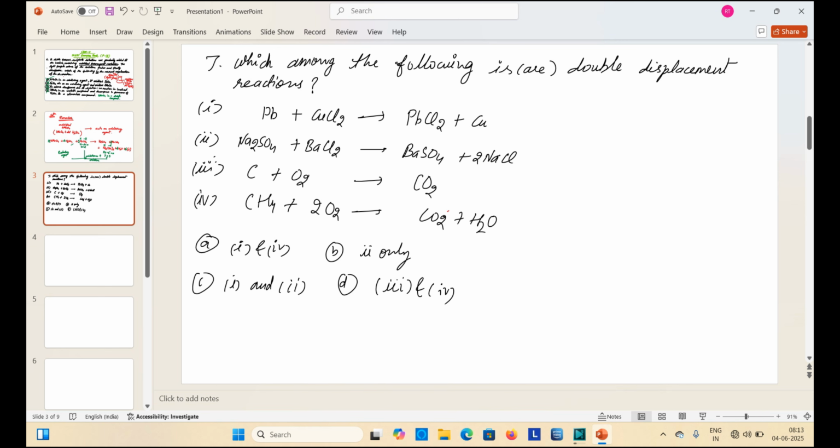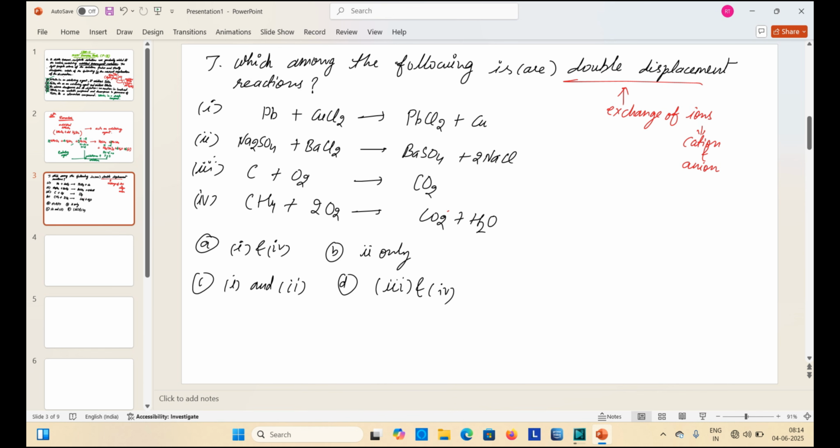So what is a double displacement reaction? In a double displacement reaction you will find there will be the exchange of ions. Exchange of ions. Ions means cation and anion. So there will be the exchange of ions that takes place in a double displacement reaction, and in these given reactions, the first reaction Pb plus CuCl2 giving us PbCl2 plus Cu.